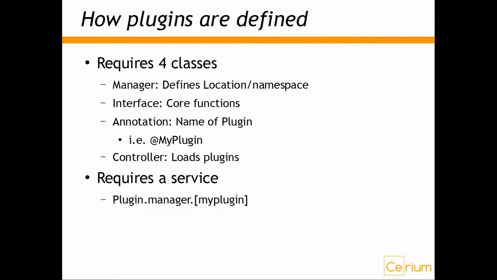The interface class defines the core functions, which, if you use a program like PhpStorm, PhpStorm can then tell you from the interface class, okay, this is what you can do with this thing. The annotation gives the name of the plugin itself. So when you say @MyPlugin, that means there will be a MyPlugin.php. And then finally the controller, which actually does the loading within Drupal.